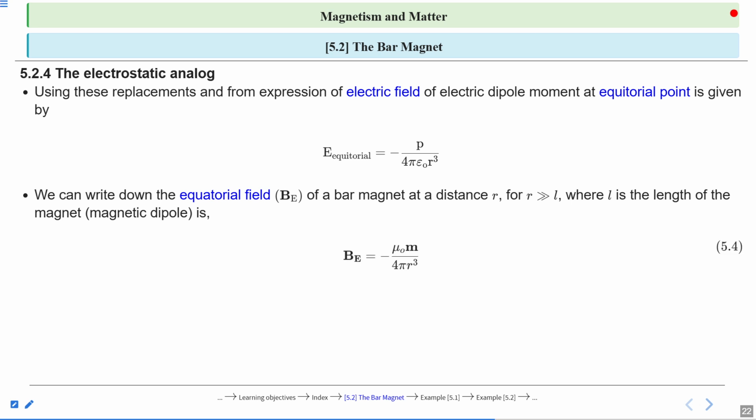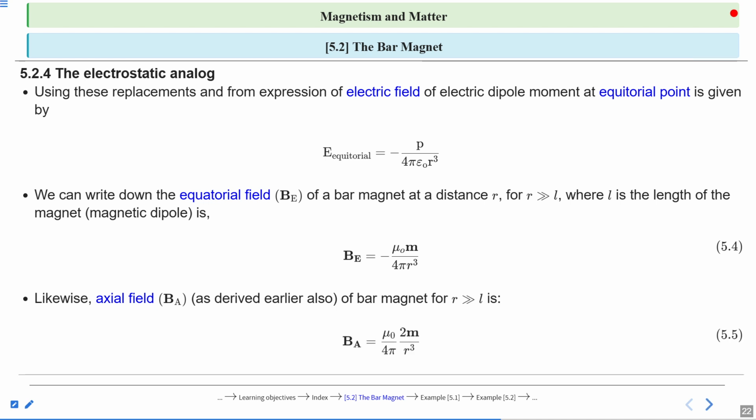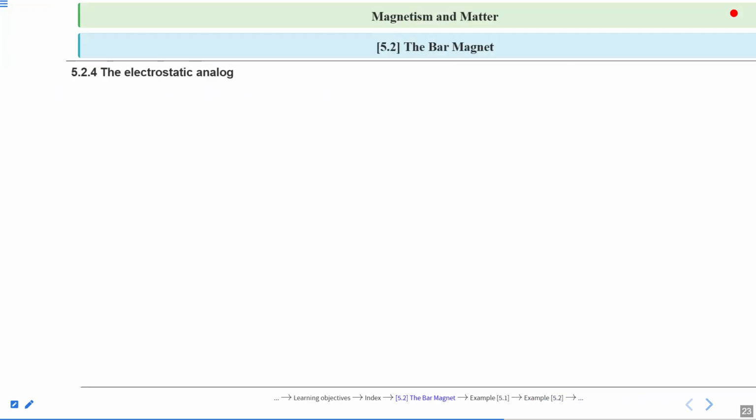So BE will be equal to, by making suitable replacement, minus mu naught M upon 4 pi r cube. Mark it as equation 5.4. And likewise, the axial field BA of a bar magnet, as derived earlier, for r much greater than L will be BA equals mu naught 2M upon 4 pi r cube, which is equation 5.5.